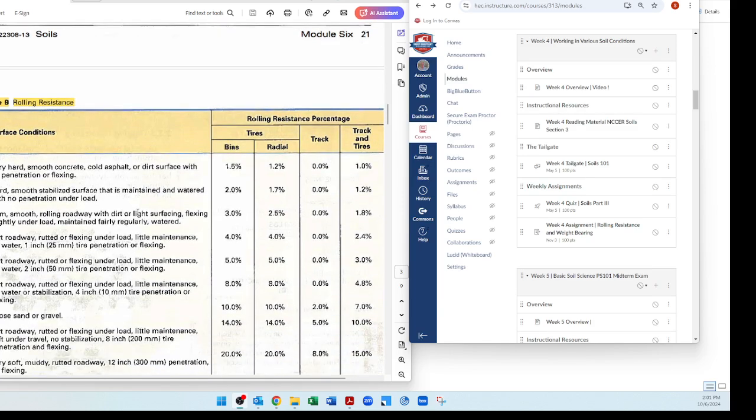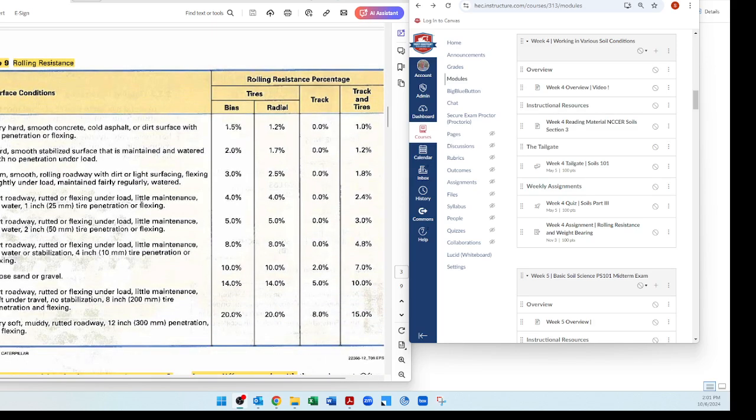Here are the soil samples that you're on, your surface. And this is the kind of tires, we'll assume radial tires. And this is if it's track. We're not going to bother with track because you get little to no resistance when you're in a dozer, because the surface area is much, much greater.